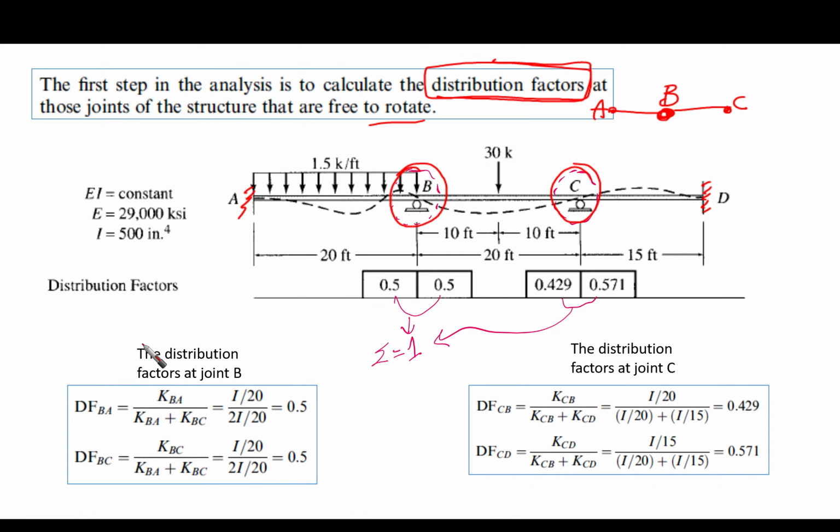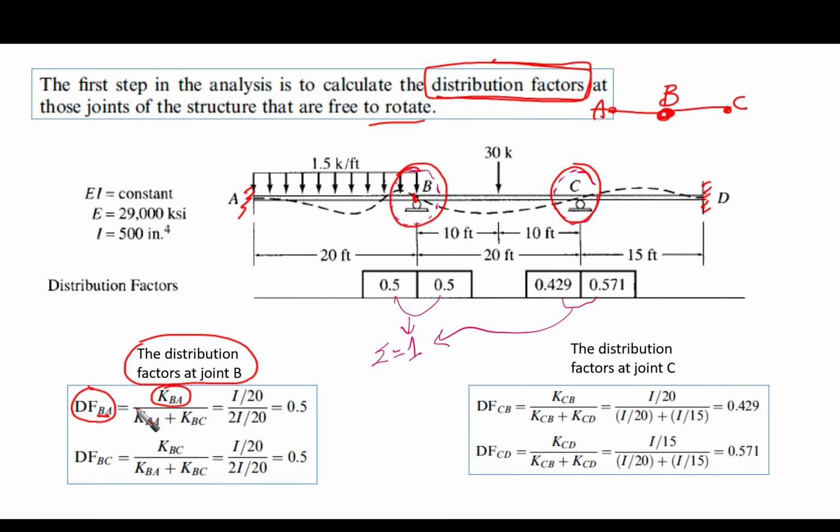Now, the distribution factor at joint B, we are going to call it DF. So DF for BA, this span, is going to equal, from the definition (go back to the previous video and you will understand the meaning of the distribution factor), the relative bending stiffness of member BA over the summation of relative bending stiffnesses of all members framing into the same joint.